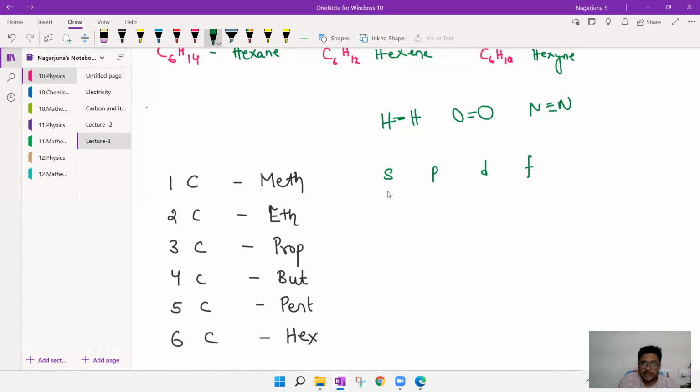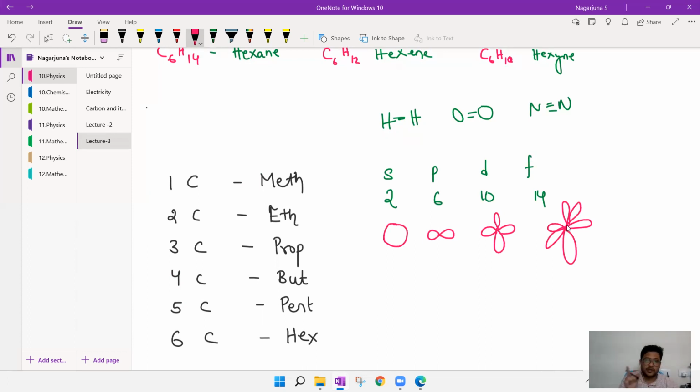S orbital will contain only 2 electrons, p go with 6 electrons, d with 10, f with 14. There are shapes. What is the shape of s orbital? Spherical. Shape of p orbital, dumbbell. Shape of d orbital, double dumbbell. Shape of f orbital, it is triple dumbbell. Of course, it is not there in your CBSE 10th class NCERT textbook, but if you go to 11th class, definitely you are going to get it.